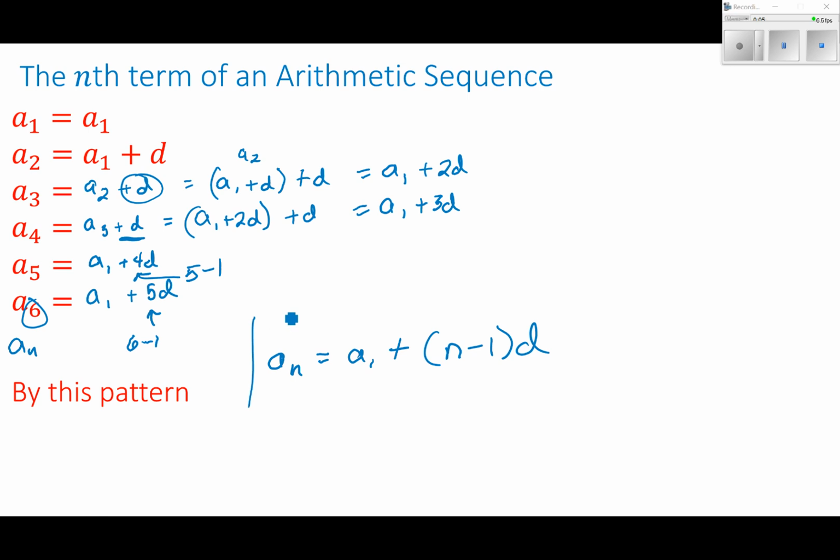So this is our formula to find any term in an arithmetic sequence. We're going to classify that term as a sub n, will be the very first term, so I need to know what the first term is, plus n minus 1, so I'm going back and looking at the previous term, times my common difference.